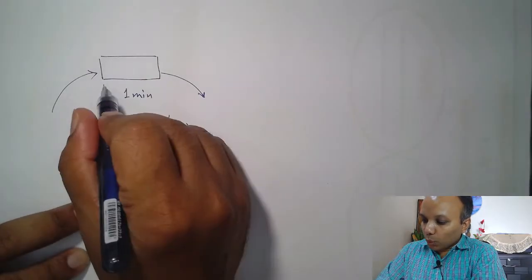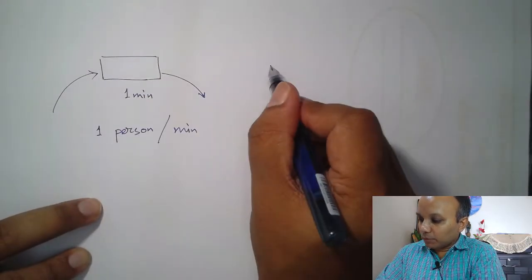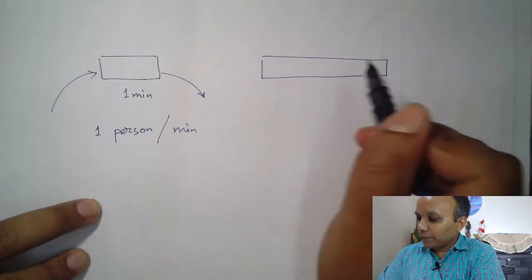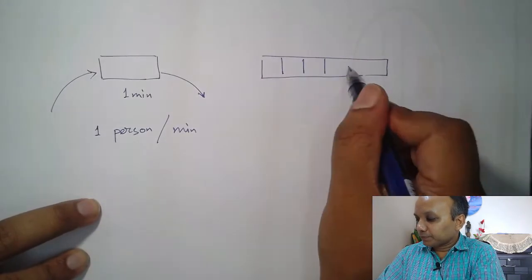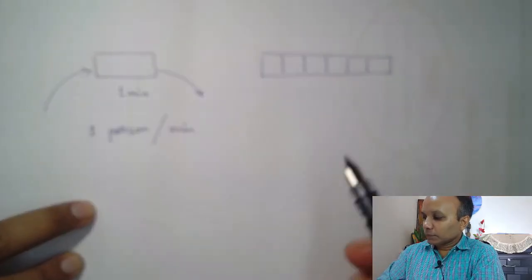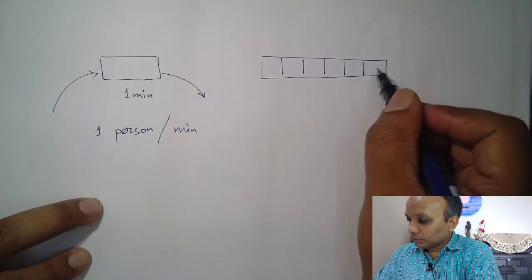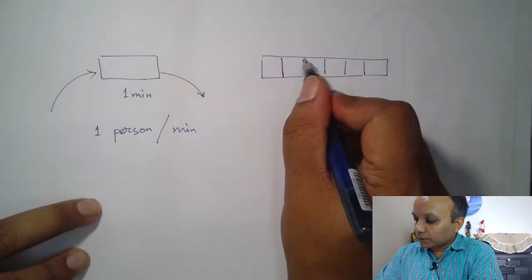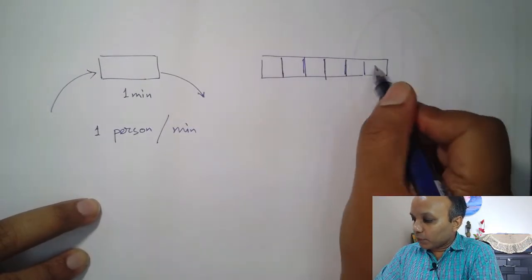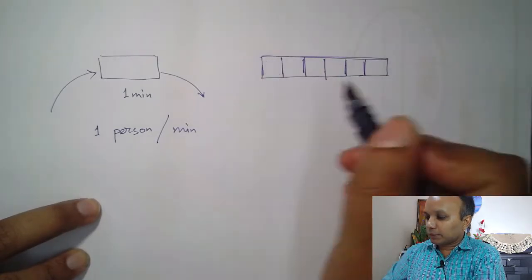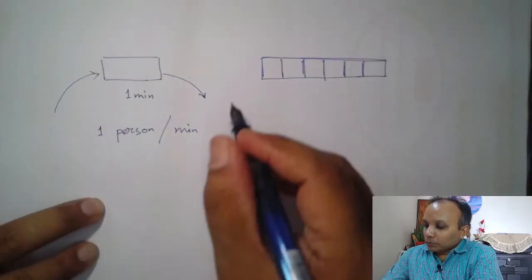Now, this whole task which takes 1 minute is divided into 5 small segments. Is it 5? Oh, I have drawn 6. I think it's even better because we are taking this example of 1 minute: 60 seconds divided by 6 is 10 seconds.